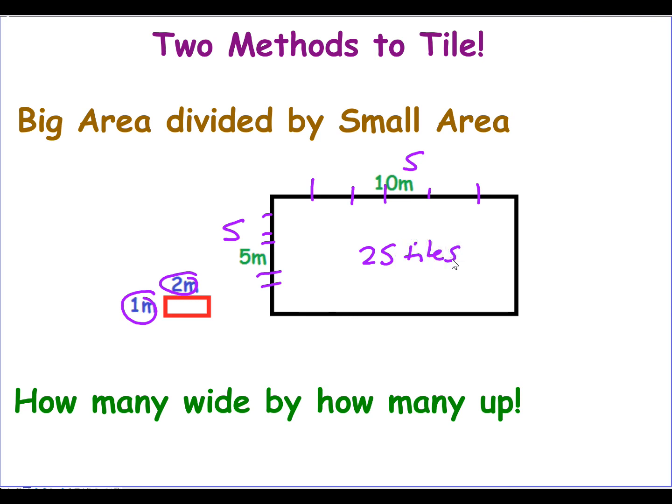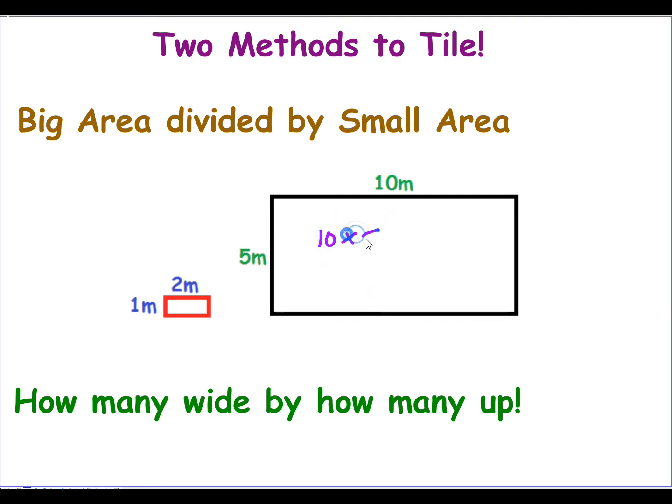Now this is a very visual thing and it works when you have very easy areas of tiles and the main area and when they're in the same units. However, the best way to deal with all sorts of tiling questions is to work out the area of your big object.